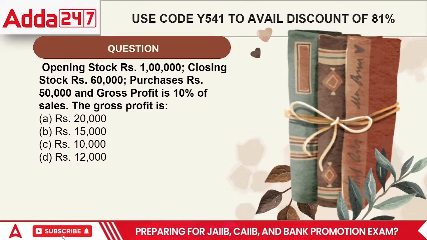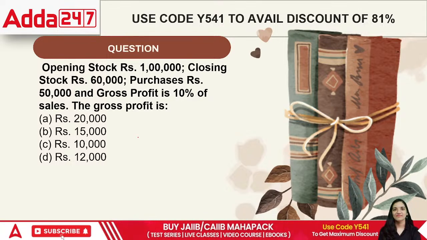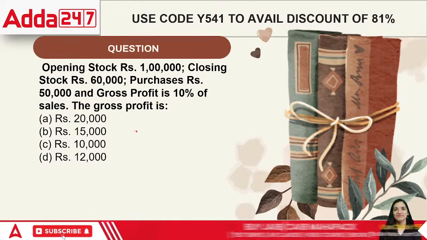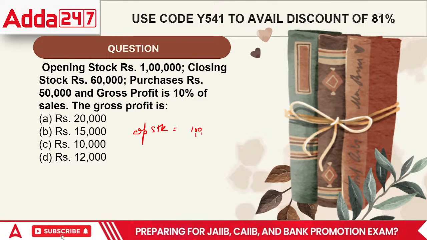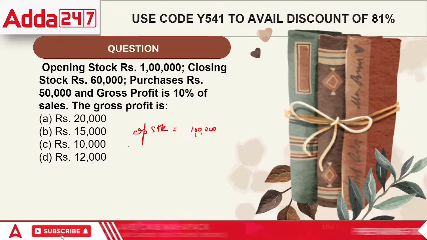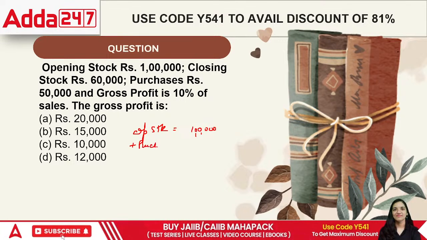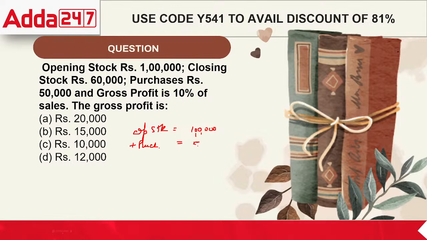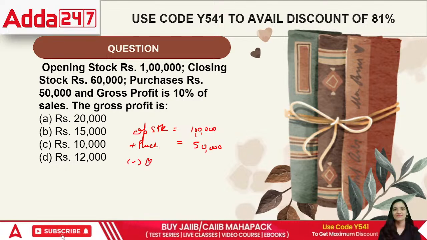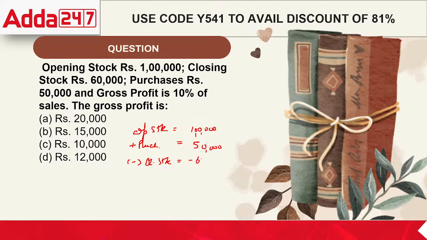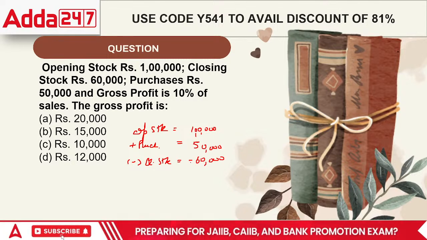If I have to specify the concept, first the opening stock is given. Opening stock is worth rupees 1 lakh, right? The purchases that we are making are worth rupees 50,000. Then the closing stock is worth rupees 60,000, right?